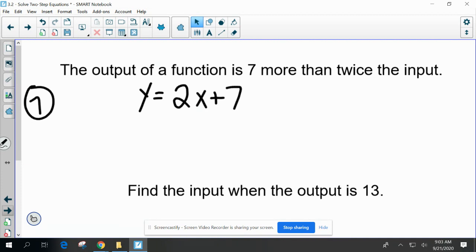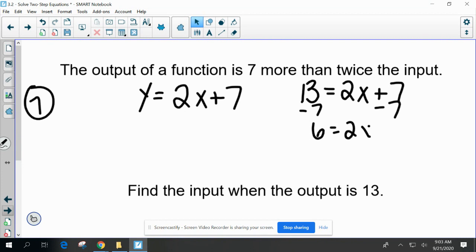Okay, and then find the input when the output is 13. So I'm going to put 13 in for Y and solve for X. So X should equal 3.